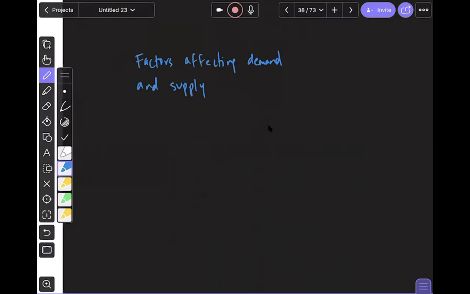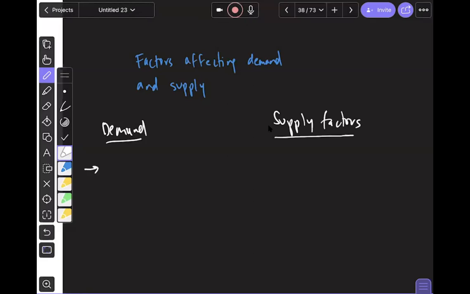That will be an important thing to look at. When we look at factors affecting demand and supply, let's just quickly nail down all the factors, which are demand factors and supply factors. So we know a quick recap of that.